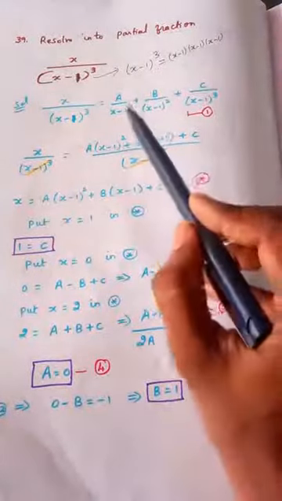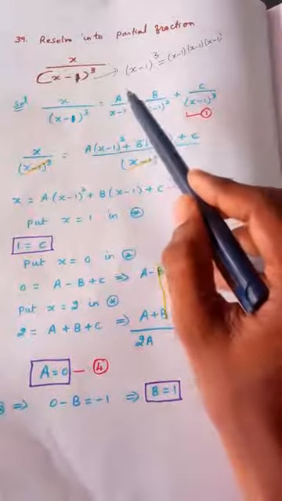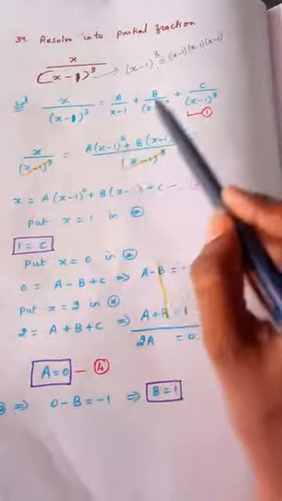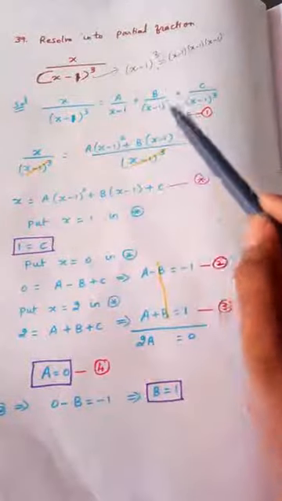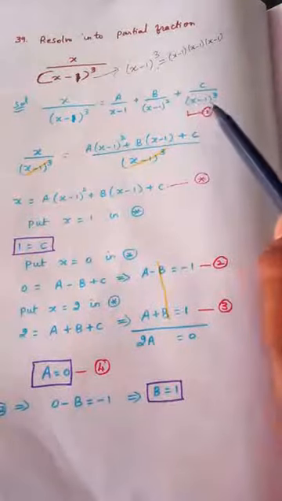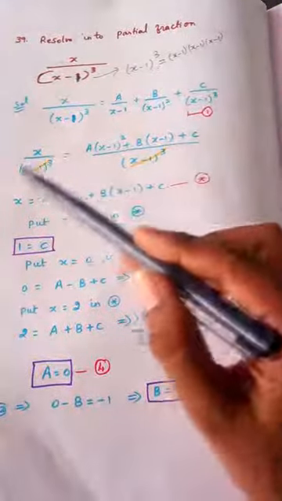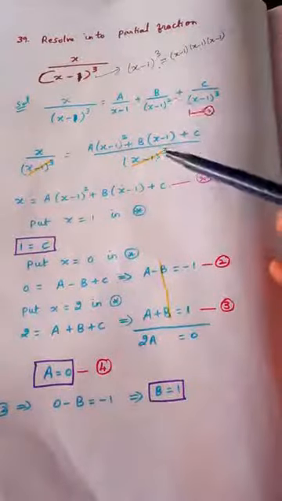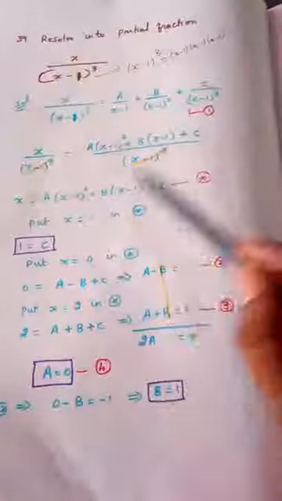So since x minus 1 is present, x minus 1 whole square is missing. So that should come in the numerator. Here whole square is present, so one x minus 1 is missing. So that will come in the numerator. Here LCM is perfect, so only c will come. Cancelling the denominator, this is nothing but taking LCM. After taking LCM, cancelling the denominator and writing the numerator alone.